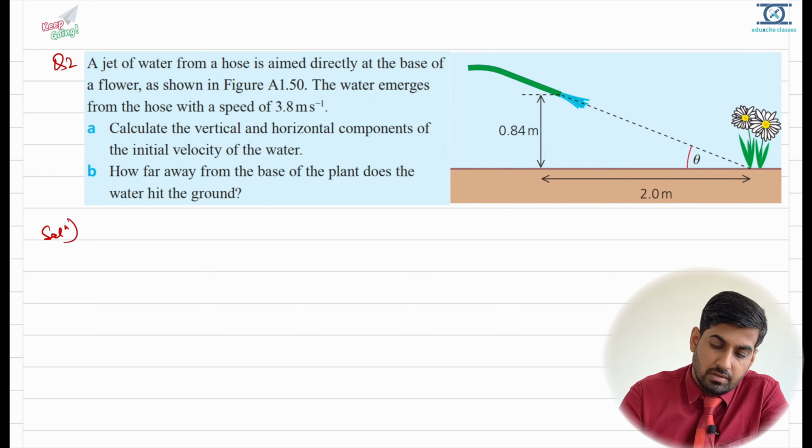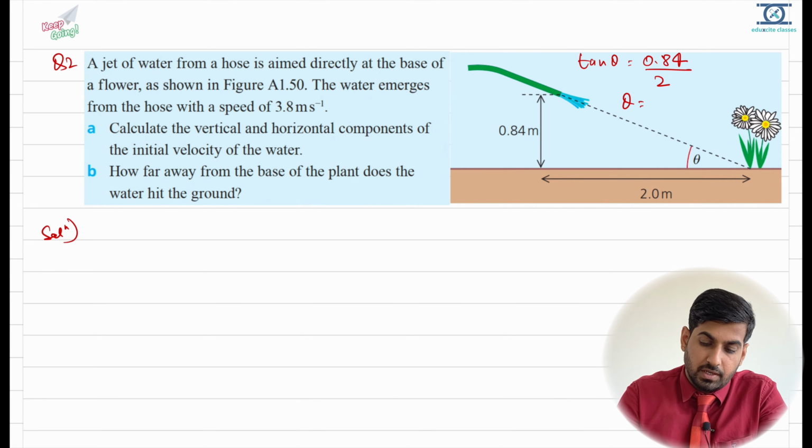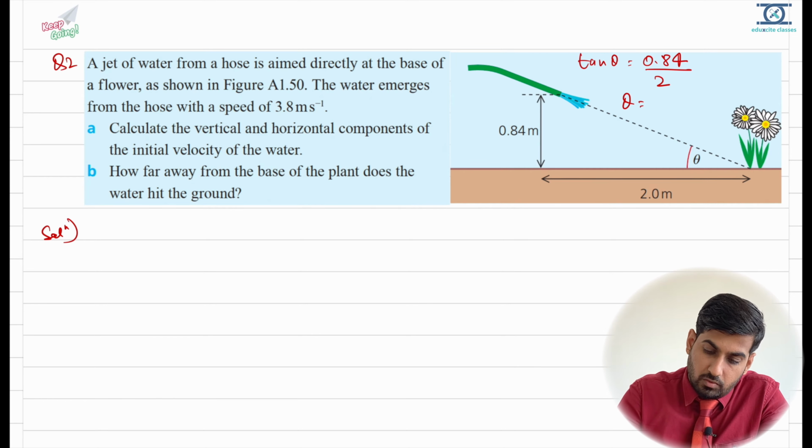So first of all, I will find theta. tan theta is equal to 0.84 divided by 2. If you find theta, it comes out to be something around 22.78 degrees. This theta and this theta will be the same, and this is the projectile velocity of 3.8.